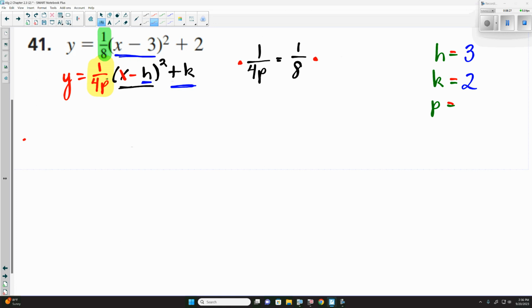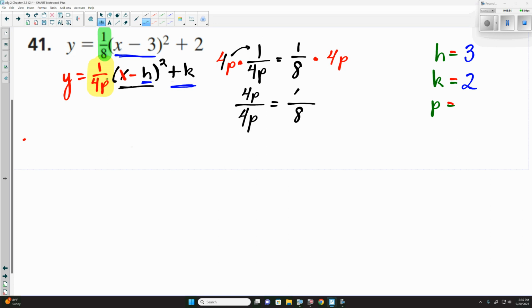Now the next part is going to be the same as well. We're going to multiply both sides by 4p. Now I'm going to write this out all the way. We're not going to do this fully written out every single time. Because if we multiply both sides by 4p, the 4p will multiply with the numerator, giving us 4p over 4p.